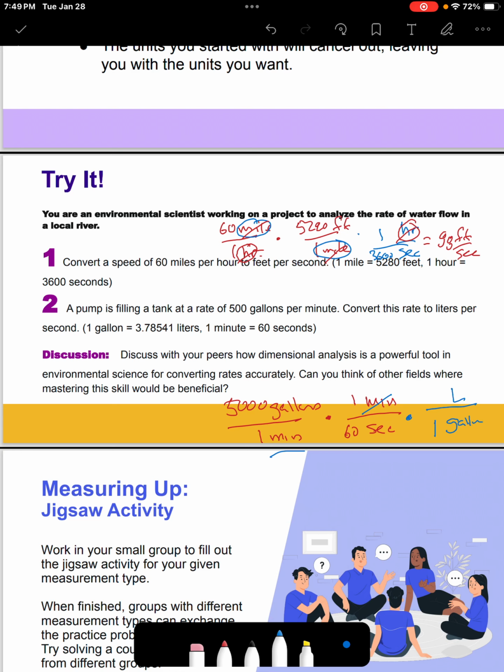In 1 gallon there is 3.78541 liters. Notice how your gallons will cancel. So I take 500 times 3.78541 and divide that by 60. I'm going to end up with 3,154.51 liters per second.